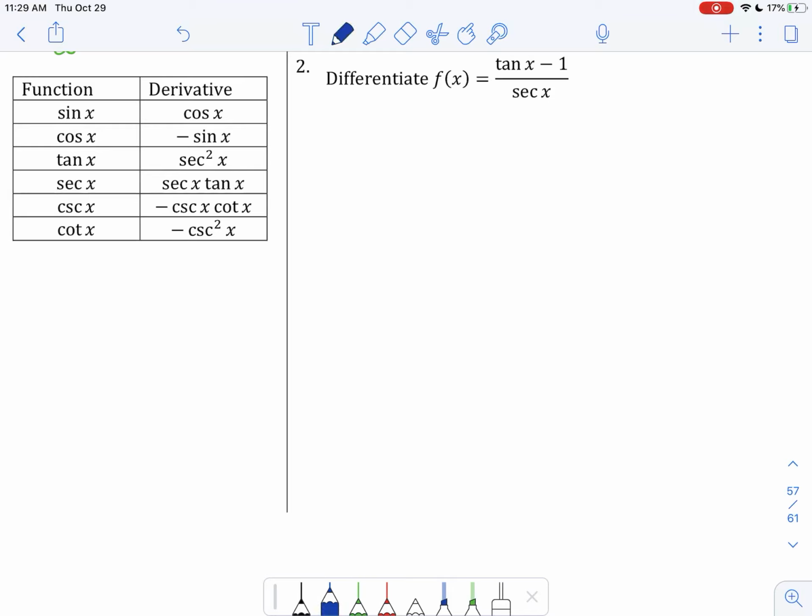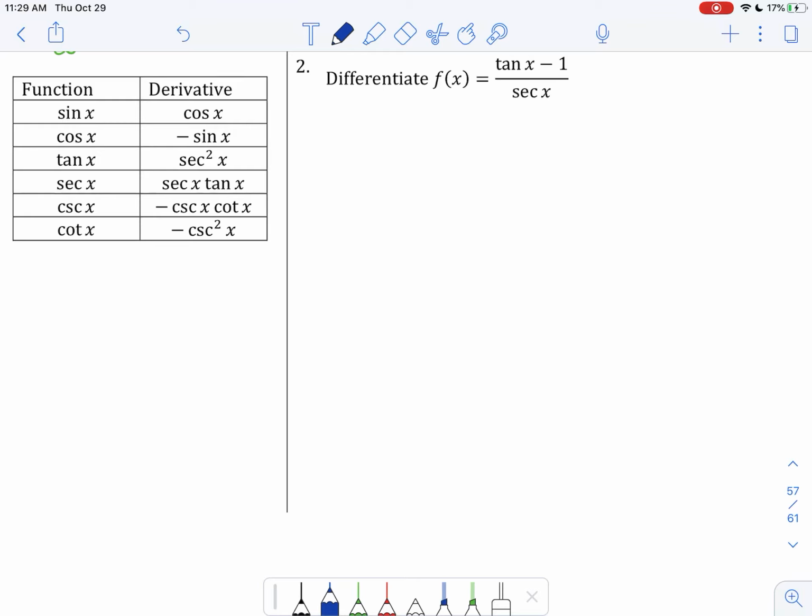So now I just want to look at a slightly more complex version. So here we differentiate f of x, which is equal to tangent of x minus 1, all over secant of x. And there's a couple different ways you can go about doing this. You can just use the quotient rule right away and call tangent of x minus 1 f and secant of x g.